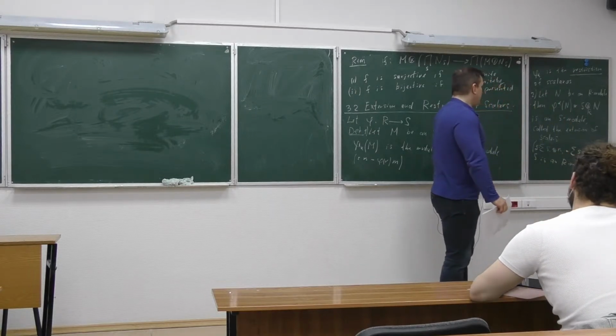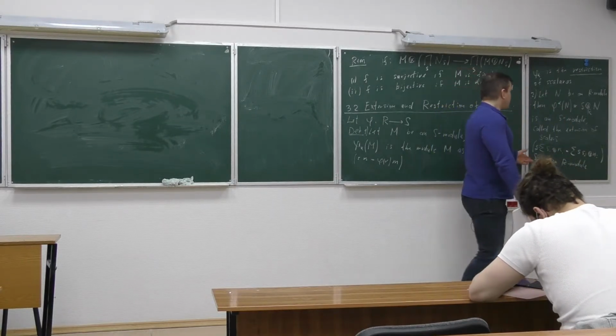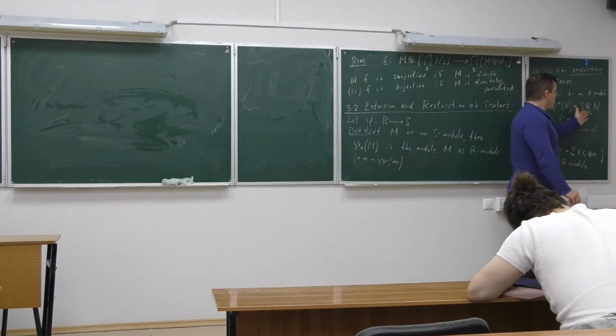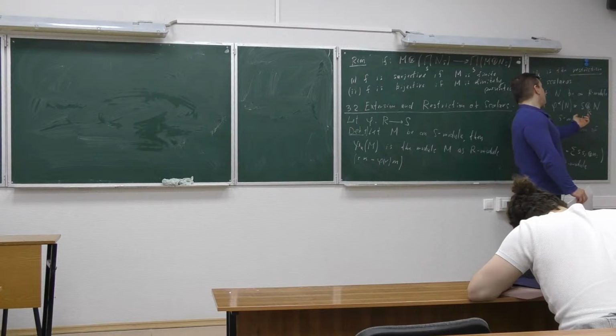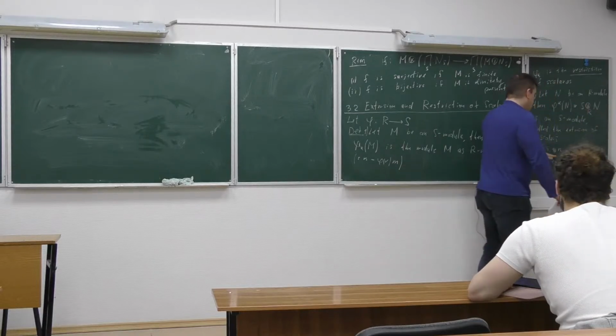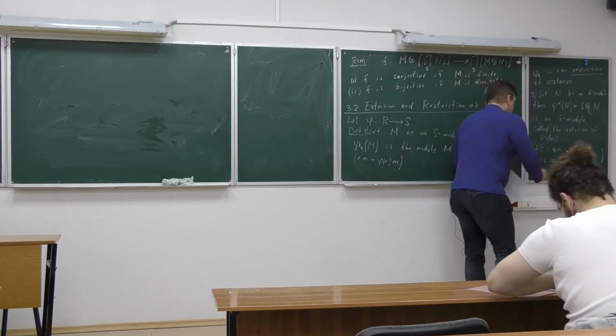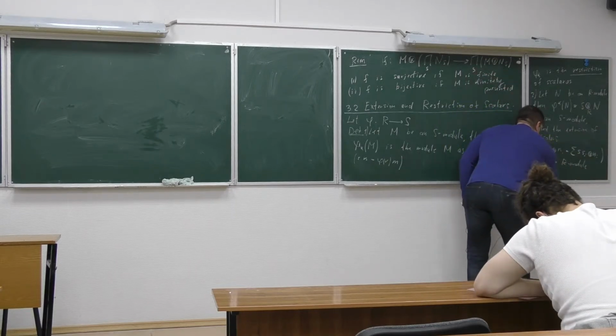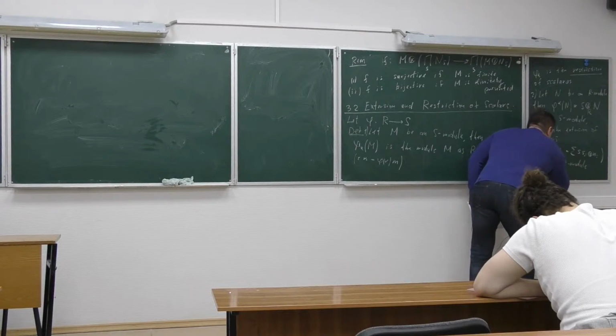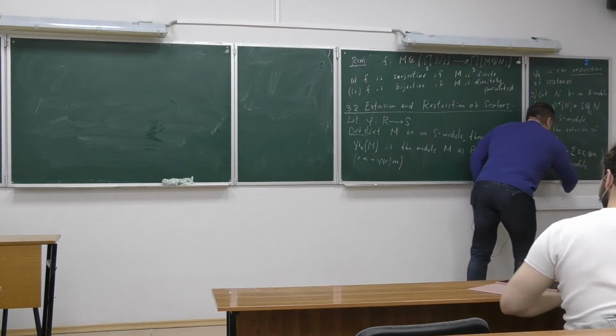If I understand S as an R module, then the product of two modules will be automatically an R module. I need this to be an S module, so I still need this. But if I want to understand why S is an R module, what's the action of the ring R on S? Well, you just apply phi to R and take a product with S.